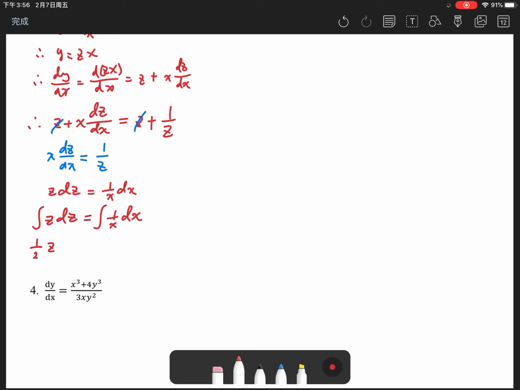And then we integrate it. Finally it is 1 over 2 z squared equals ln absolute value of x plus constant c.